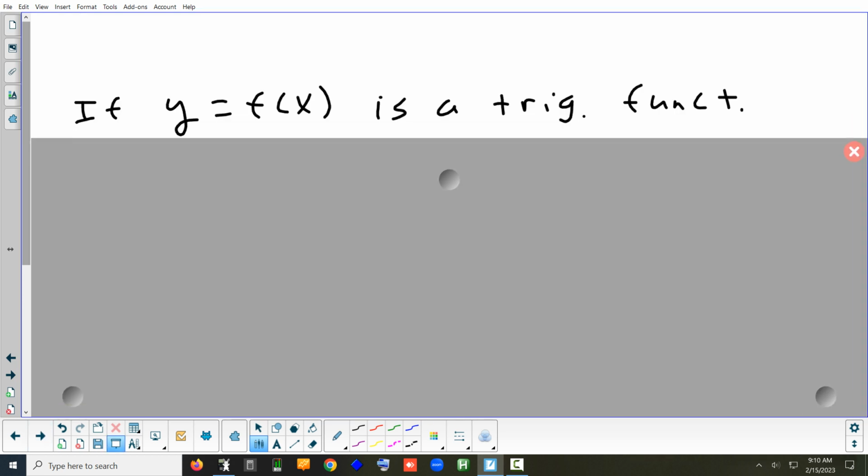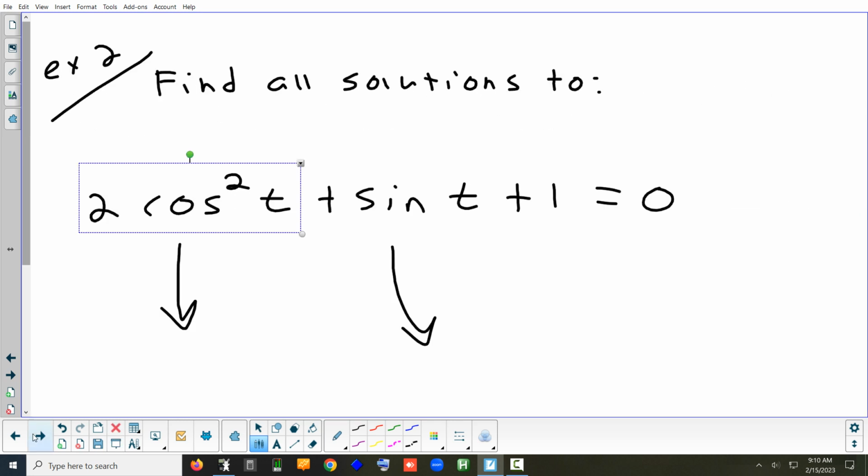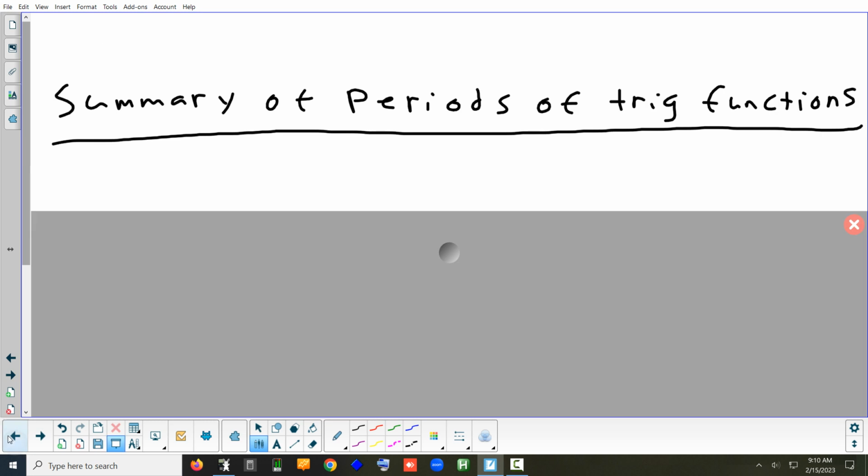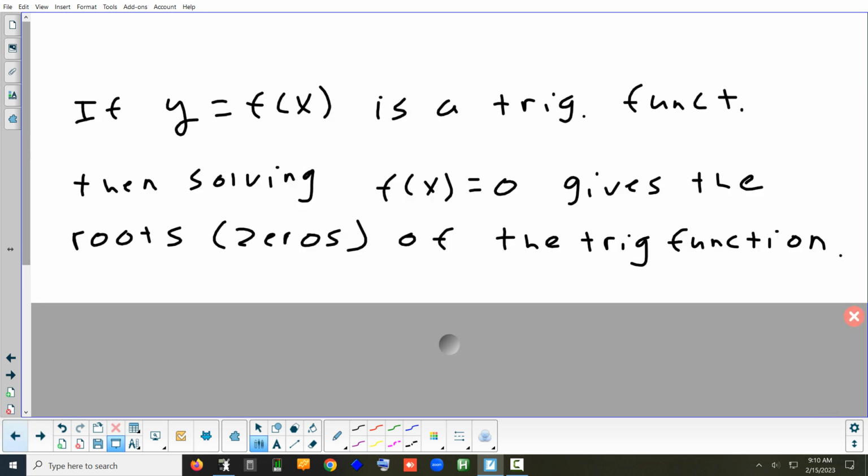Okay, so sometimes we're going to solve problems where they are equal to 0. Does anybody remember what you call it when you're solving for an answer that when you plug it in gives you 0? That number is called the root. So when you set something equal to 0 and solve it, you're solving for the root. You can also call it the zero.